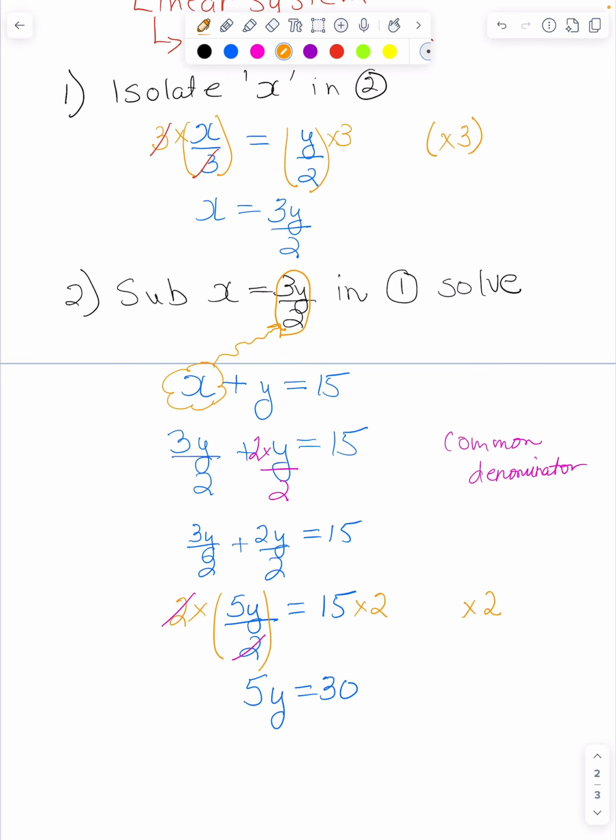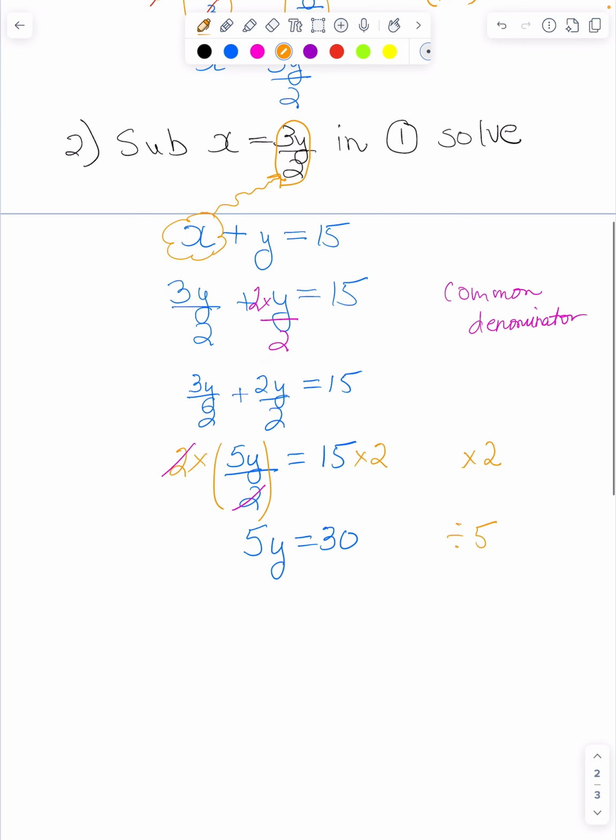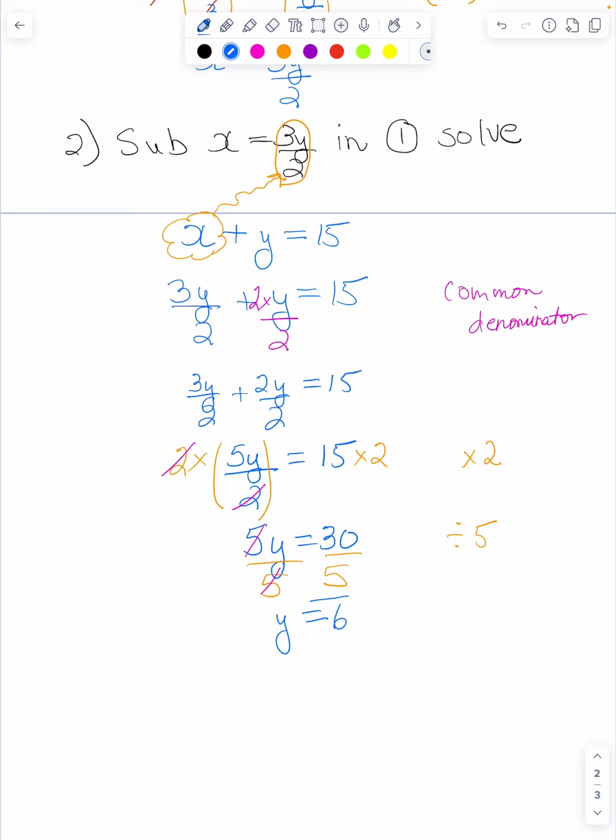I'm going to divide both sides by 5 now to isolate the variable. When I divide both sides here by 5, once again, these 5's reduce to 1, and I'm left with an answer of y equals 6. And if you recall, y equals 6 was the smaller number.